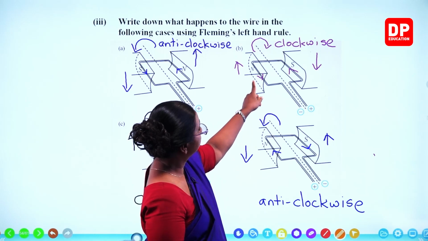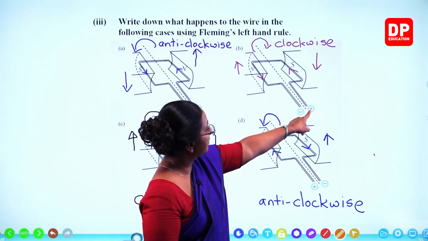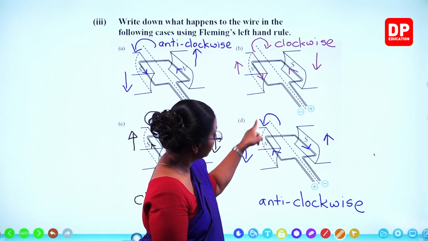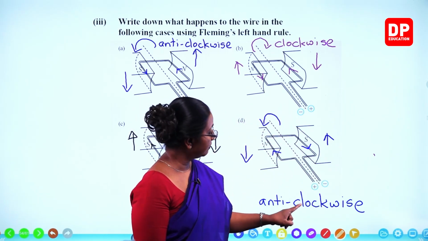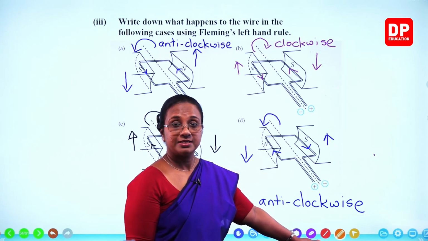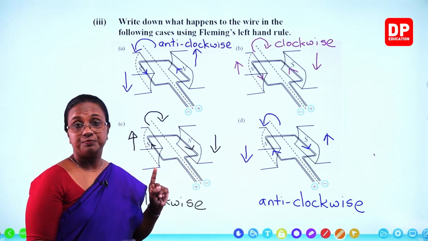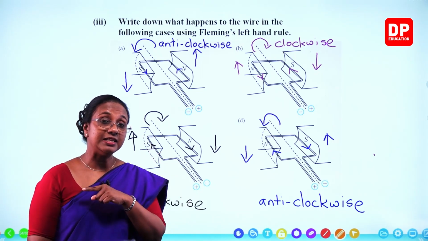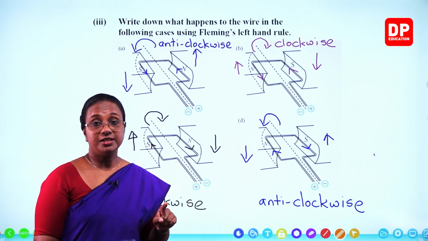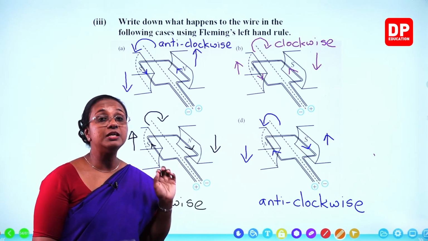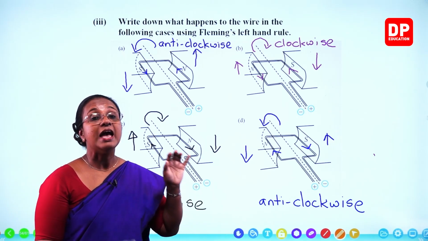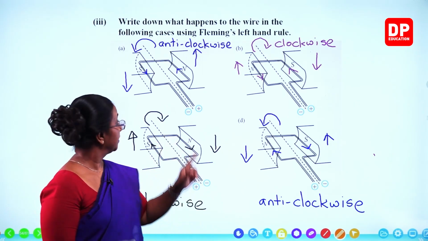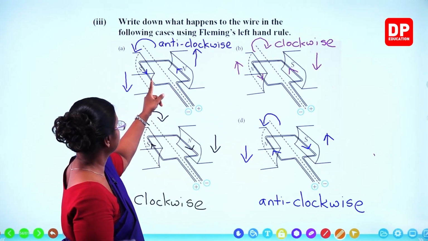Compare these two. Current flows in from here and comes out this way, clockwise. Current flows in from here and comes out that way, anti-clockwise. But if you remember, I told you all, when I did the lesson, when we change both the direction of the magnetic field and the direction of the current flow at the same time, compare this and this.